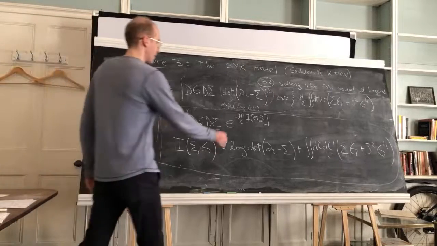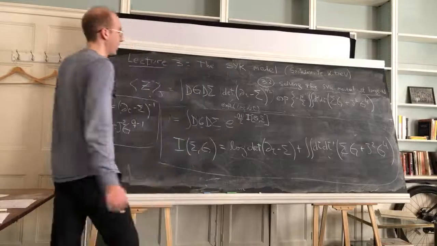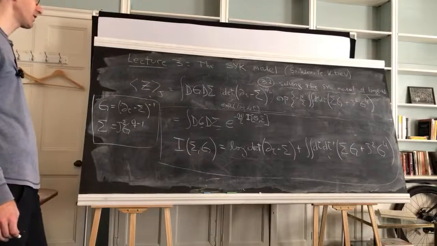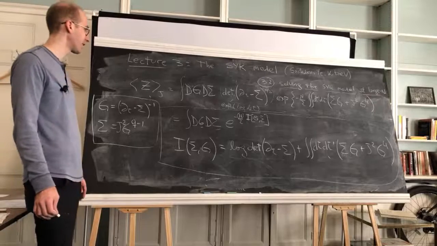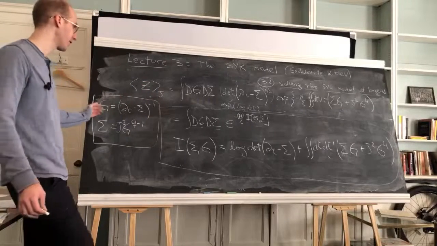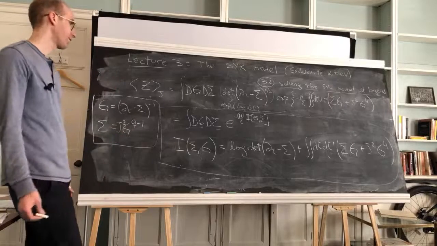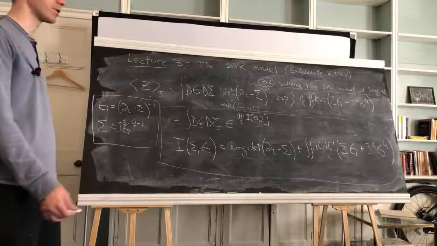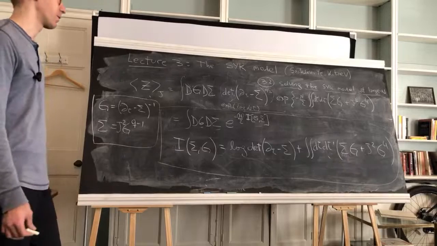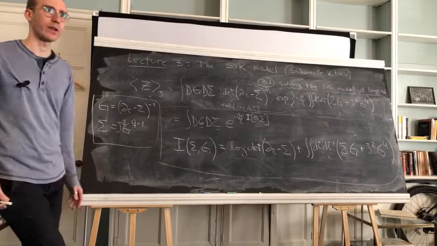And quite nicely, n appears in front of the action, and so that means that it has a nice large n limit where we can just take saddle point solutions. You just vary the action, and you get the equations of motion. And we end up with the same Schwinger-Dyson equations.